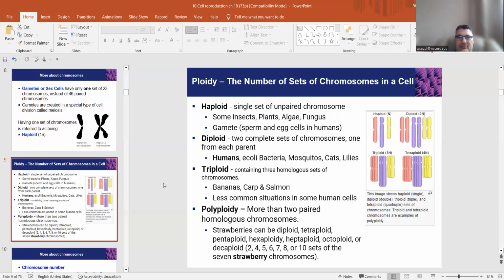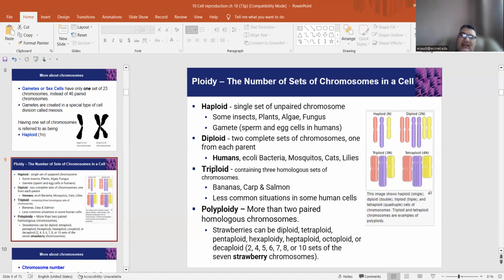There are other things besides haploid and diploid. There is triploid, and obviously haploid, diploid, triploid, tetraploid. So it's basically Greek and Latin for one, two, three, four, and more, and multiple. So hapl, single, dipl, double, tripl, three, tetra, four.